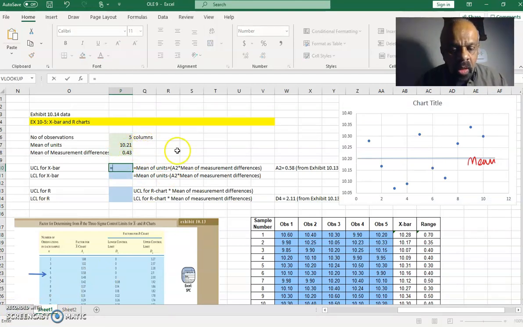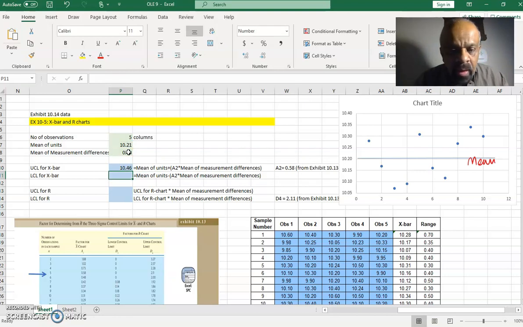So that is going to be equal to 10.21 plus A2, which is 0.58, times the mean of the ranges, 0.43, which is 10.46.